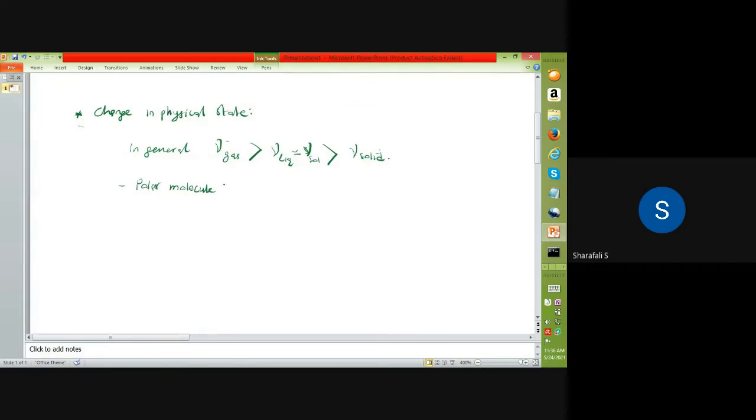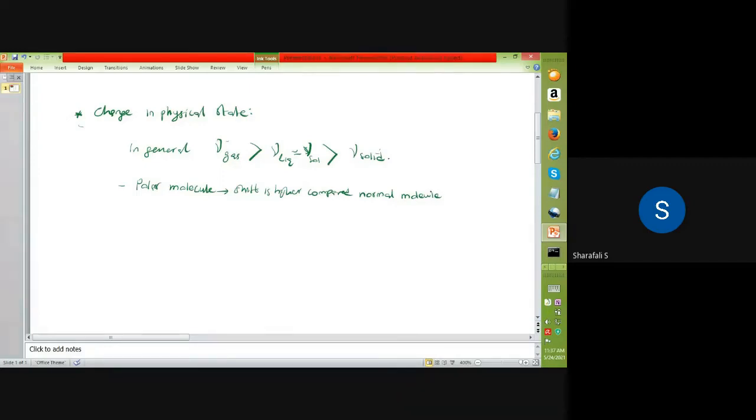For polar molecules, the shift will be comparably much higher. Compared to normal molecules, polar molecules will have a larger shift with the physical state change.